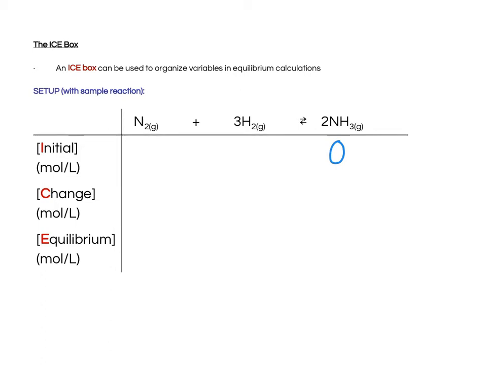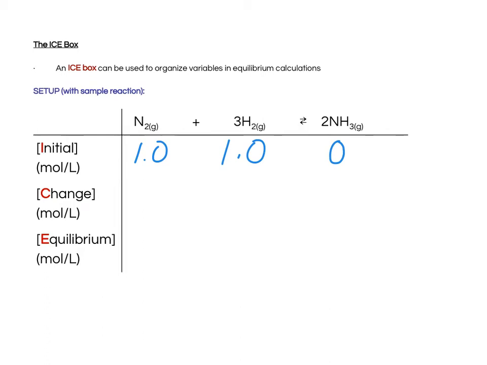So just for argument's sake, I'm going to make up values of, let's say, 1.0 moles per liter for each of these reactants. Any change that we observe is going to involve considering mole ratios, right? Remember that our chemical reaction is really just a recipe in order to make certain products. And so the changes that happen are going to consider what the mole ratios are in the given reaction.